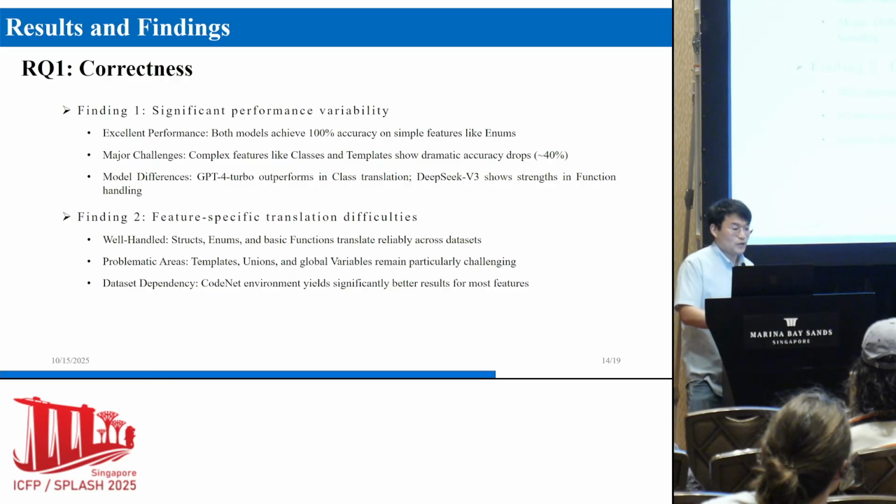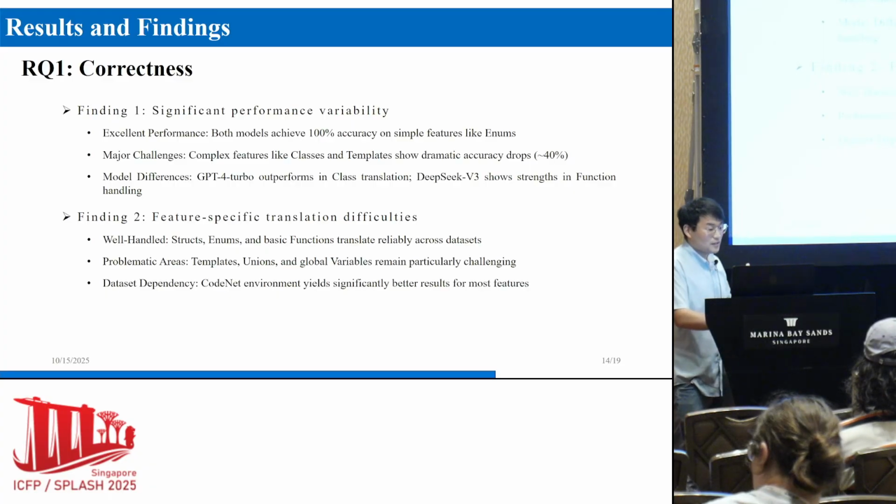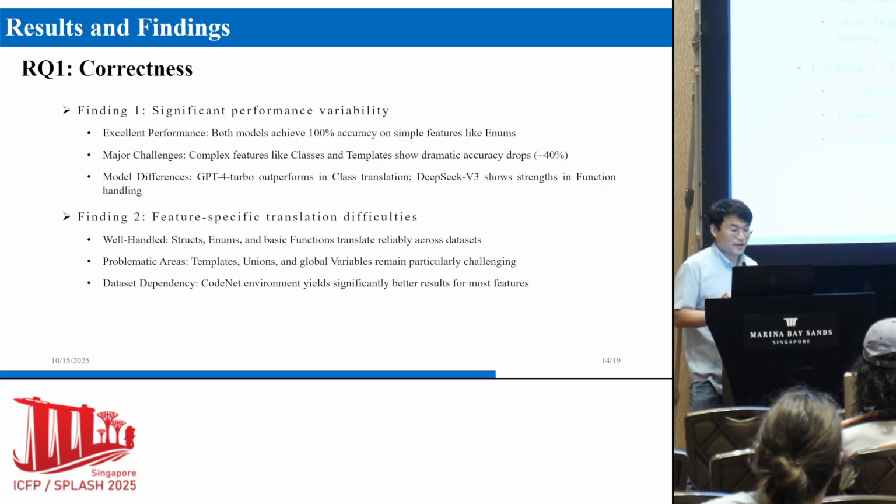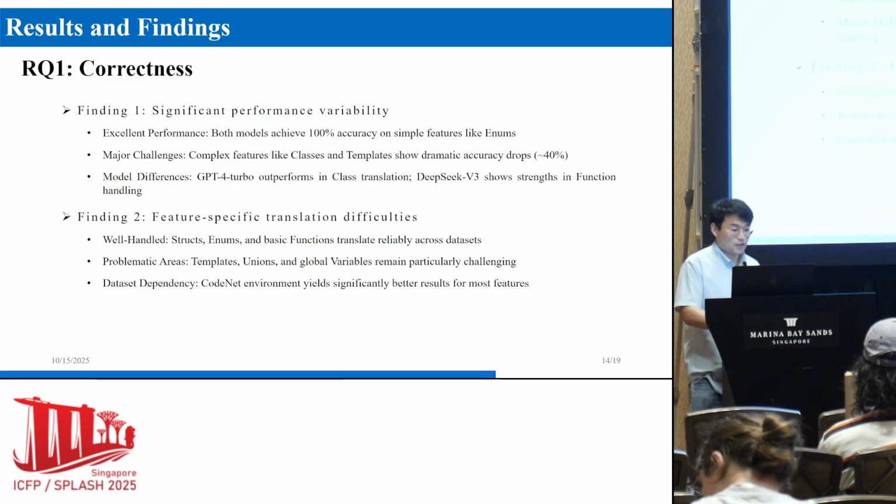We have two key findings. The first is significant performance variability, as we have different performance on different C++ features. For example, we can translate with 100% accuracy simple features like enumerations and class features in the CodeNet dataset.